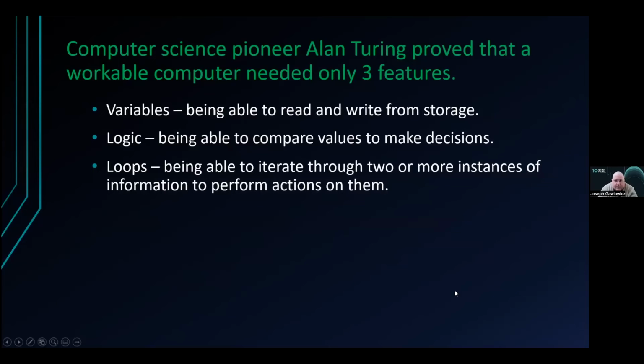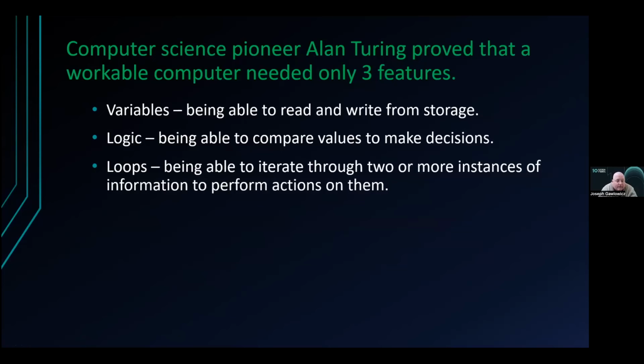So believe it or not, a workable computer is made up of exactly three features or concepts. Okay, British computer science pioneer Alan Turing in the 1930s essentially defined what a computer was before it could be built, about 10 years before they could be built. Basically, you could do anything with a logic machine if it had three things.